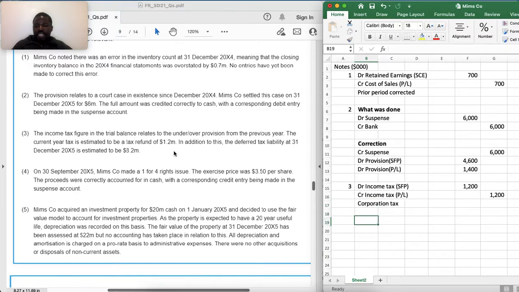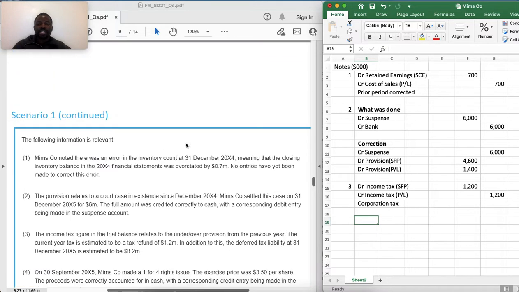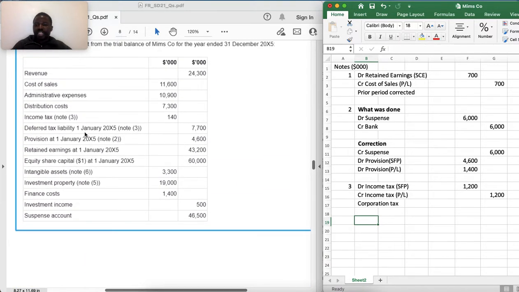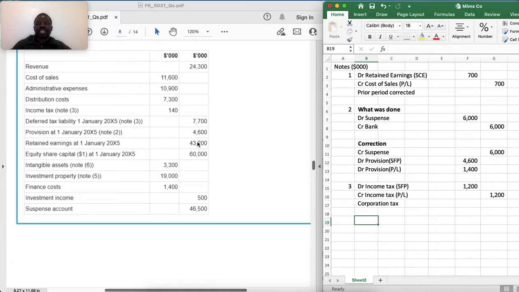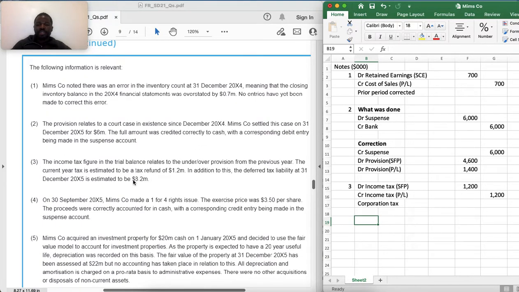Then we are also told in that note that in addition to this, the deferred tax liability at 31 December 20x5 is estimated to be 8.2 million. So the provision at the beginning of the year was 7.7. Now at the end of the year, the provision for deferred tax should be 8.2. So we need to credit, because we are increasing the liability, we are crediting the provision for deferred tax in the statement of financial position.